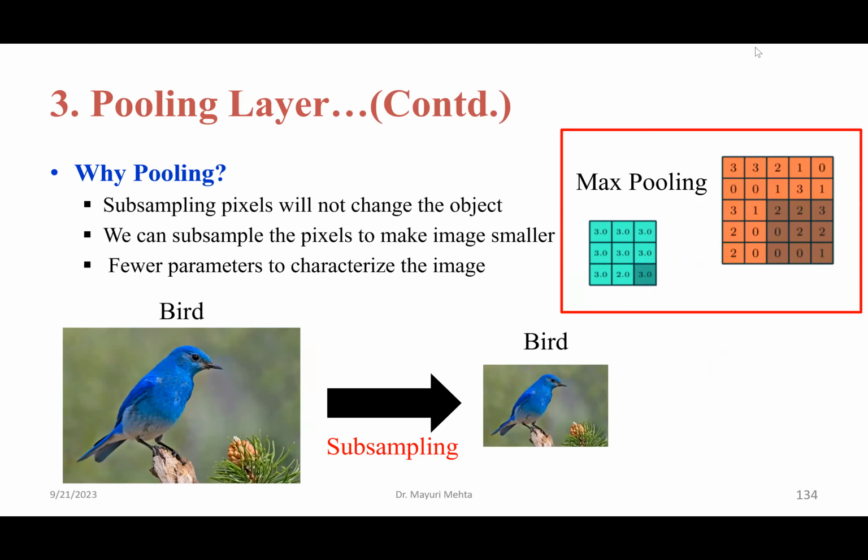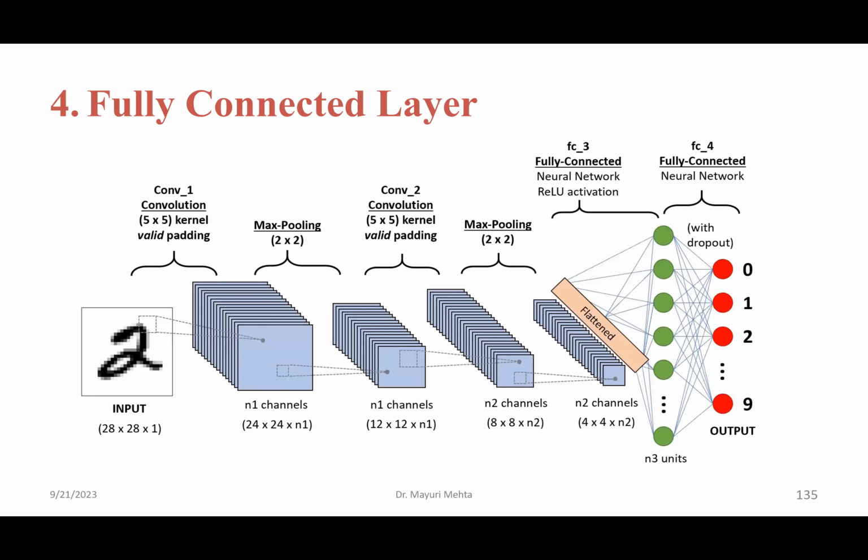If you look at the output of the last pooling layer, it will be some matrix. It is a feature matrix, we call it a feature map. Now we flatten it. How do we flatten it? We convert it into one column vector. So that feature map is converted into a vector. I hope you understand this, right?